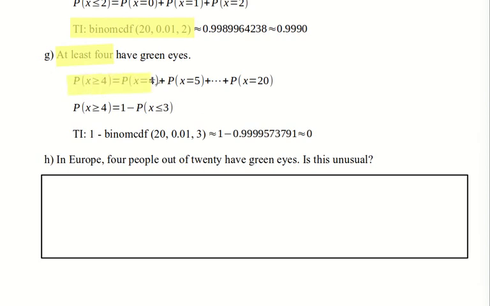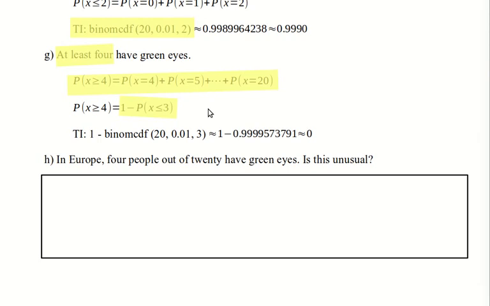That means we're fine with 4, 5, 6, all the way up to the total number of trials. Now, that means we're talking about everything but 0, 1, 2, and 3. So we're going to say everything, that is 100%, except the probability that x is less than or equal to 3. So we're using the complement here.